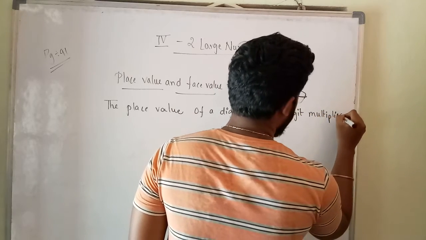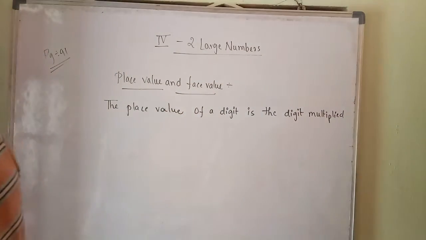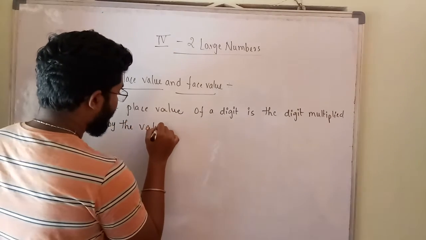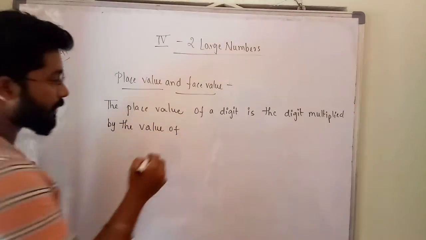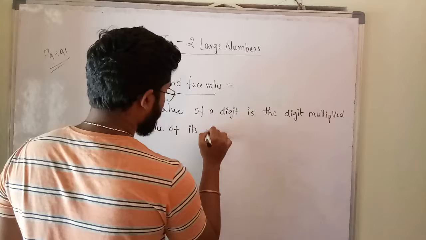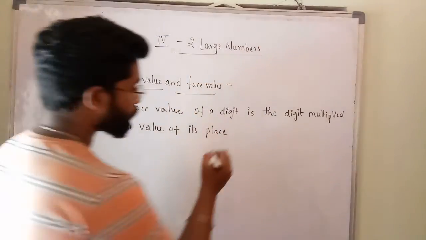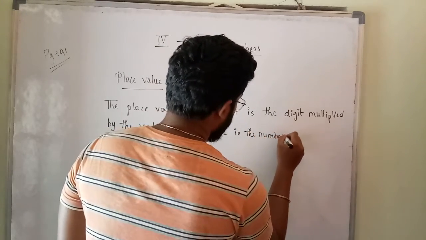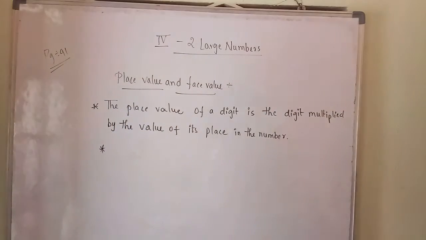The place value of a digit is the digit multiplied by the value of its place in the number.